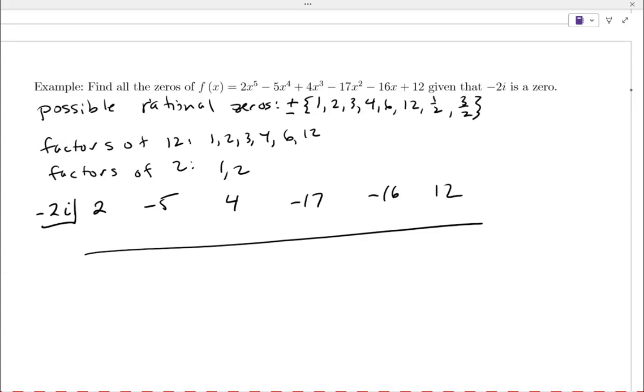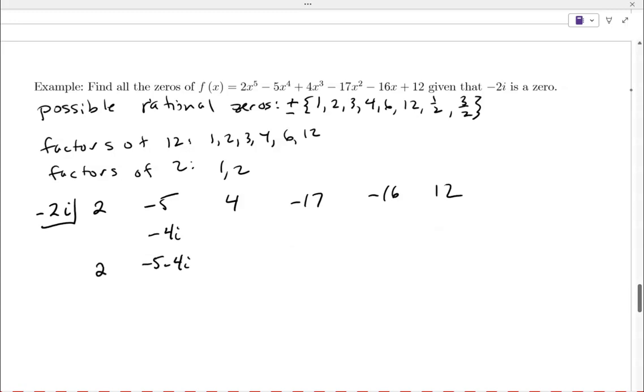What do we do first? Drop the 2, and then multiply. So we get negative 4i. Those are not like terms, so we just get negative 5 minus 4i at that next step. When you multiply, what do you get for the next one?